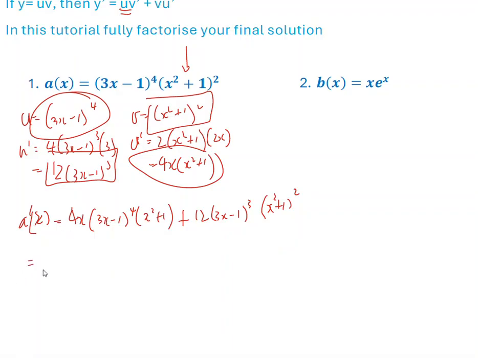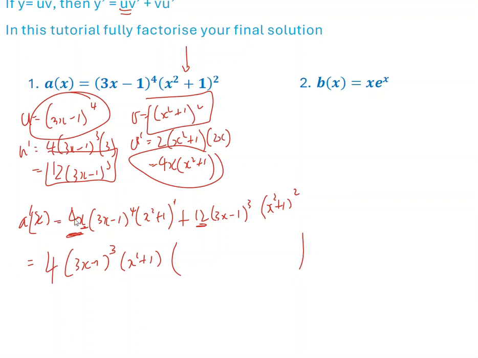Okay, now looking for common factors. Between the 4 and the 12, I can take out a 4. I don't have any x's in both spots, so the x's stay in. 3x - 1, I've got it to the power of 4 here, and to the power of 3 here. I can take 3 of them out, and x^2 + 1 to the power of 1 here and the power of 2 there, so I can take 1 out.